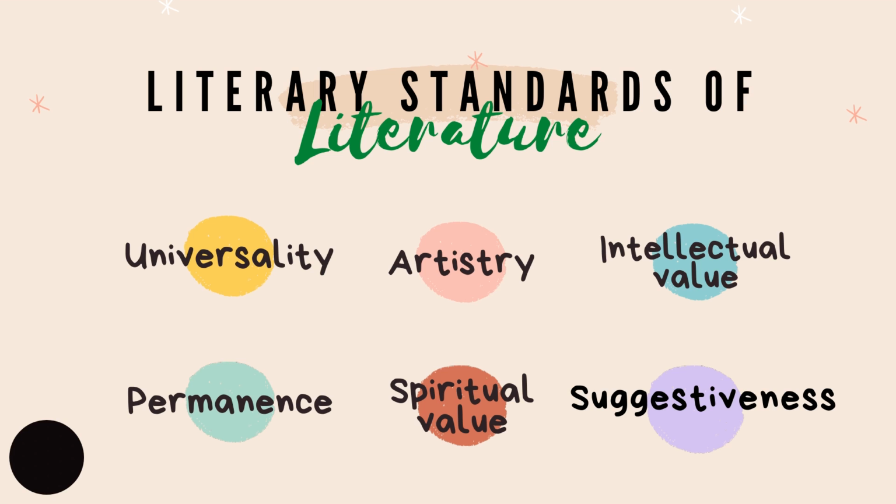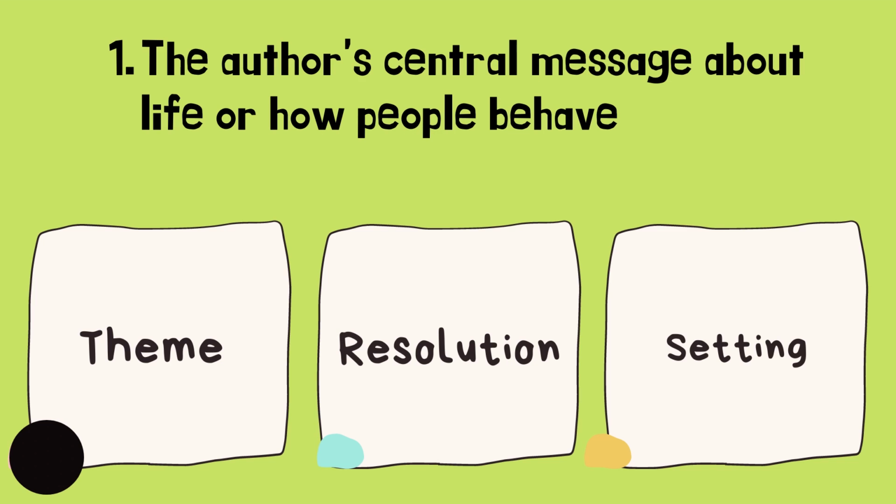from world literature. So again, I have prepared here another questions or statements for us to answer, and try to answer it for the best of your ability. So number one, the author's central message about life or how people behave is called theme, resolution, or setting.